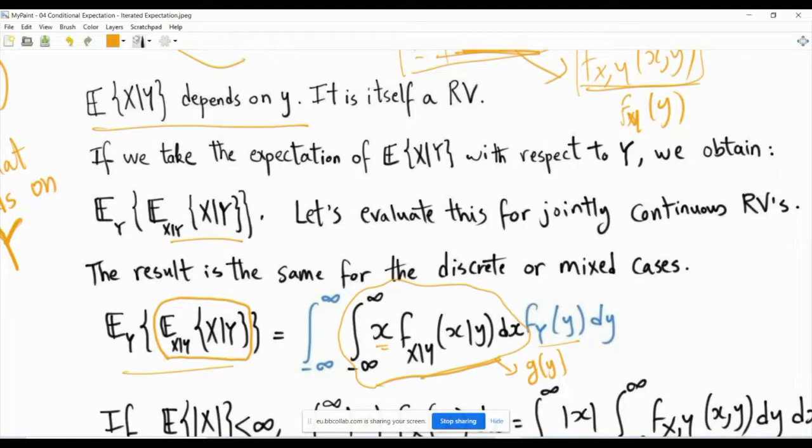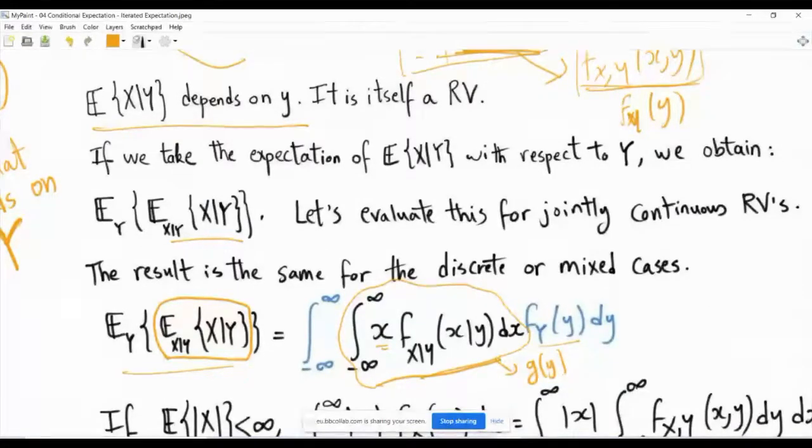The order of operations is simply that you do the inner integral first with respect to x, which means that you compute the expectation of x given y, and then you integrate with respect to y. But then, what if we can actually interchange the order of integration?